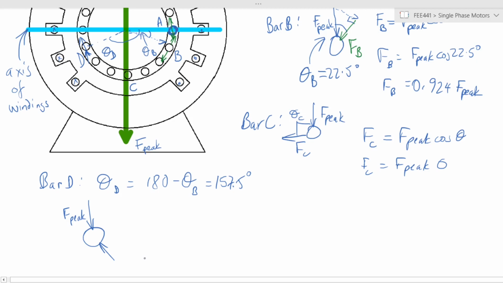Following on from what we had before, FD will be acting in that direction, whereby this is 157.5 degrees.